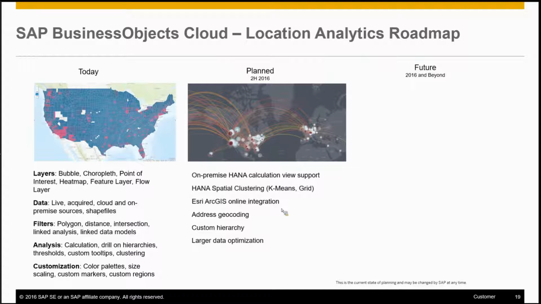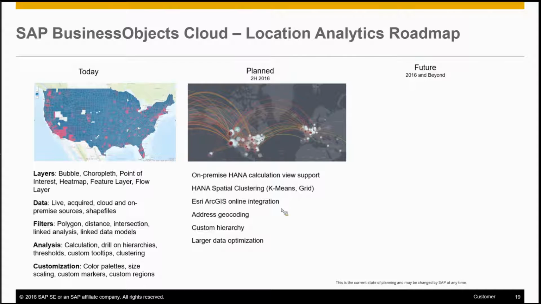We are also going to be supporting the on-premise ArcGIS. We currently support the ArcGIS Cloud solution as an endpoint. We will be supporting your on-premise solution as well in H2, is the plan. Custom hierarchy levels for Choropleth, we're looking to improve the support there, and also larger data set optimizations for performance.